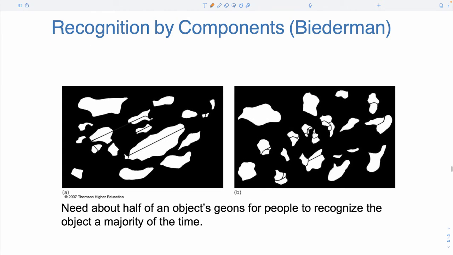And here again, we can see that the object on the left is very hard to identify, whereas here, because we do have the ability to determine the geons, because we're able to see the curved shape and connect them like that, we are able to recognize this object as the flashlight.